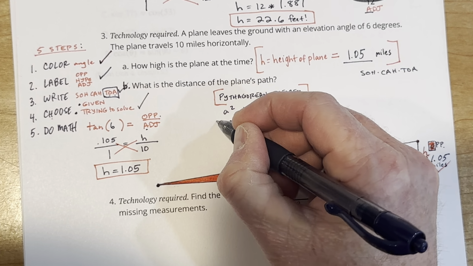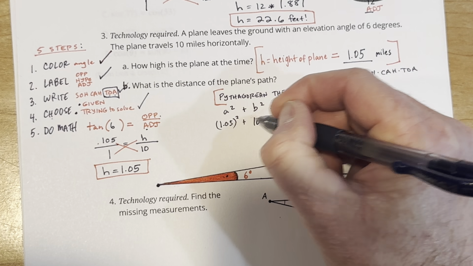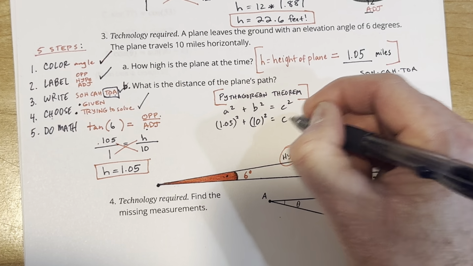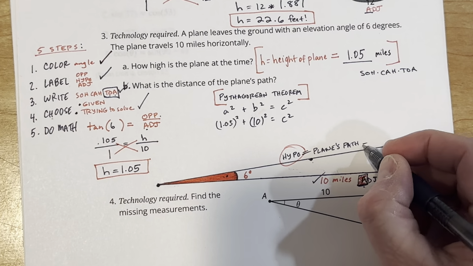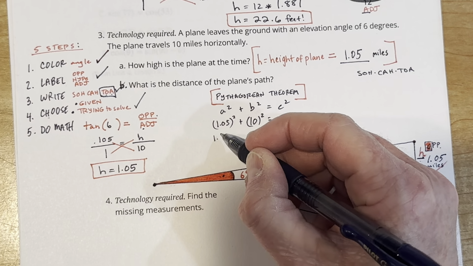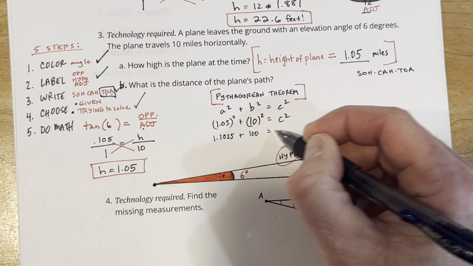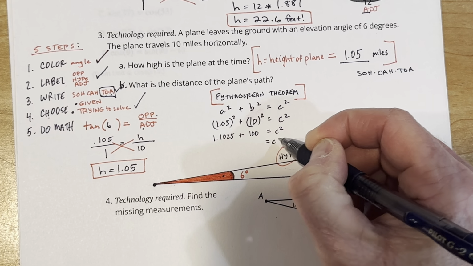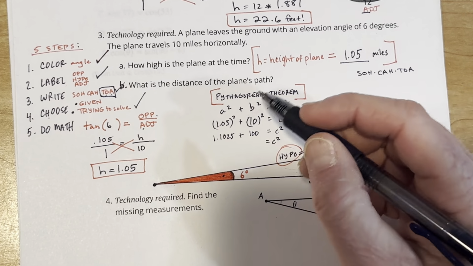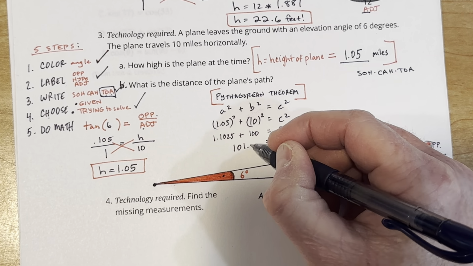1.05 squared plus 10 squared equals c squared. C is plane's path. 1.05 squared is 1.1025 plus 100. C squared equals 101.1025.